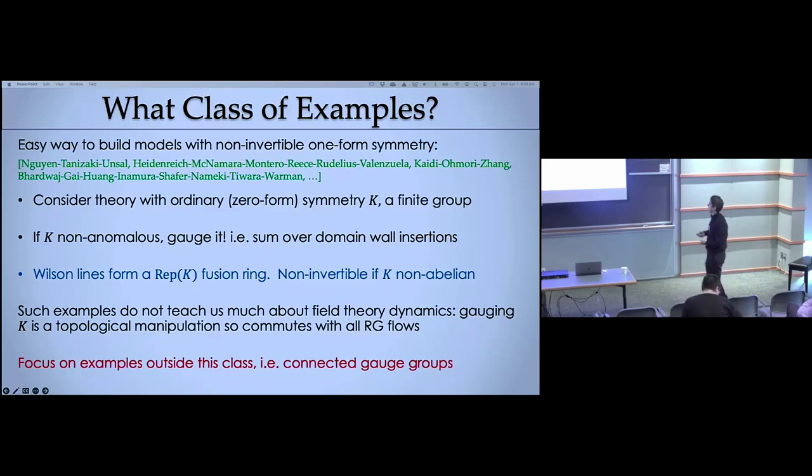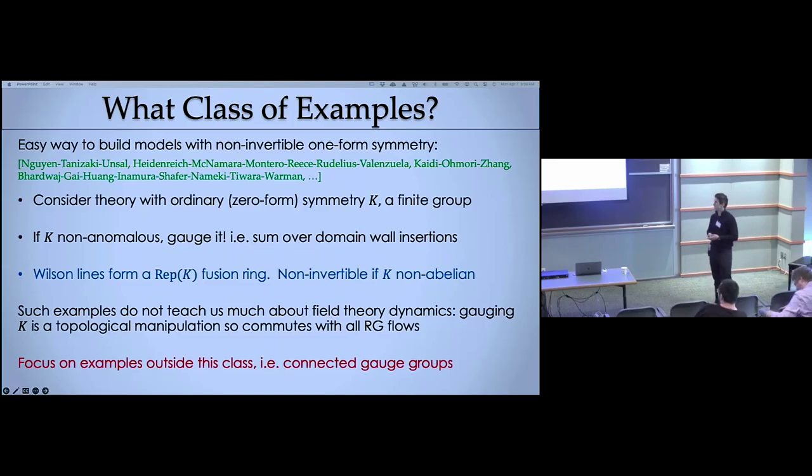So we're going to sum over some domain wall insertions for that K. And then the Wilson lines, for instance, form a representation of K fusion ring. And, okay, if K is non-abelian, that's non-invertible. Okay. So that's one way to generate examples of non-invertible one-form symmetry. And many interesting models of that have been discussed. Different aspects have been discussed. But that's not the focus that I have today.